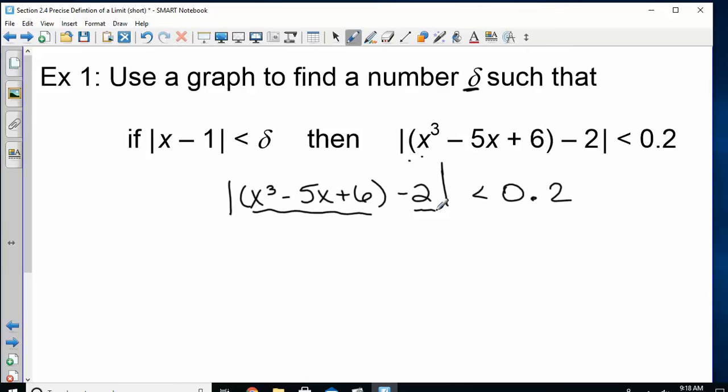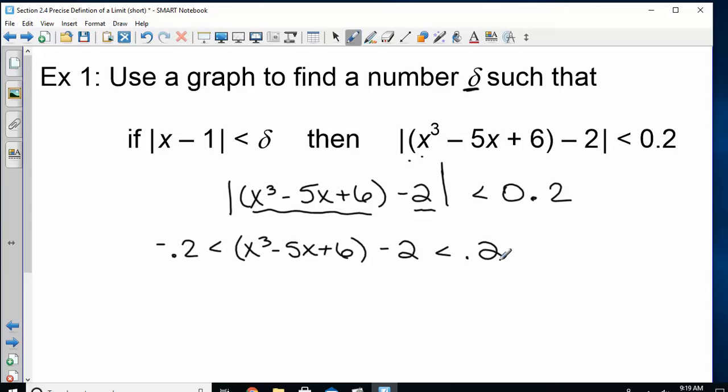If my absolute value had to fall in that window, let's think about absolute value inequalities for a second, thinking back to college algebra days. A less than, is that an and or an or? And. So you could make one big inequality and put it between -0.2 and +0.2. Okay, so I'm trying to get this function by itself.